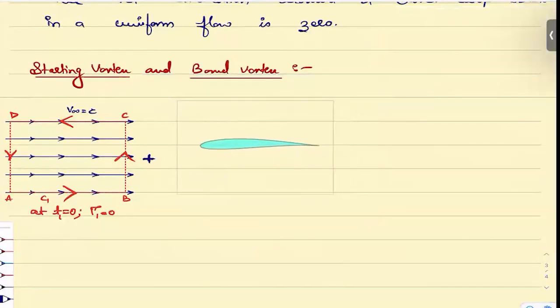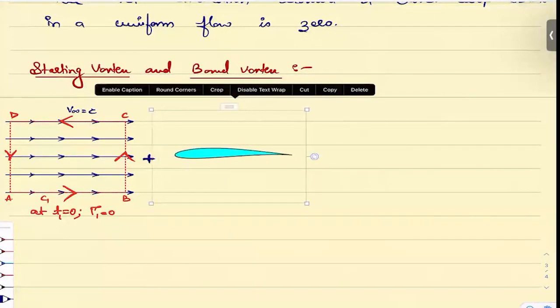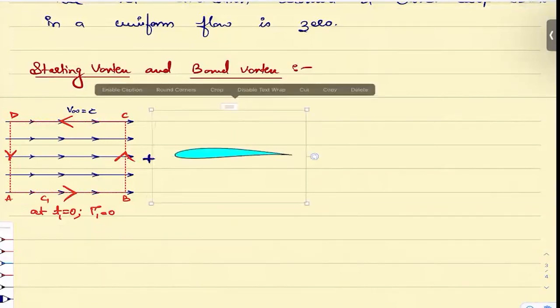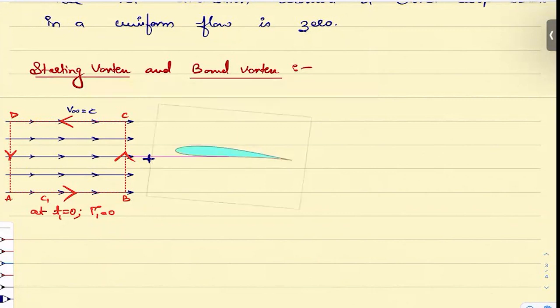So I took one airfoil, kept it at a slight small angle of attack like this. Hope you all are with me. Yes, sir. Draw this airfoil. Draw a small airfoil like this.